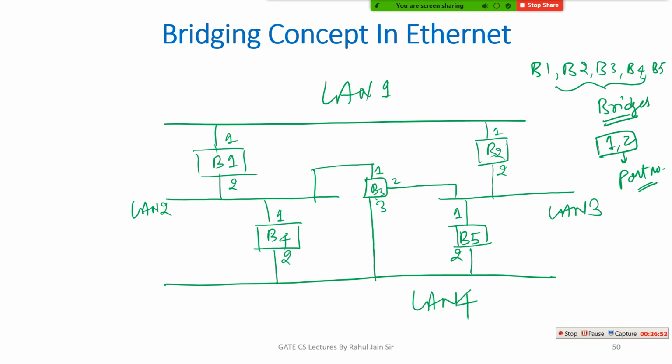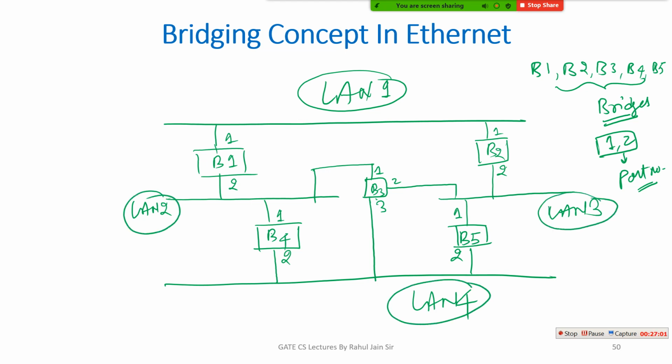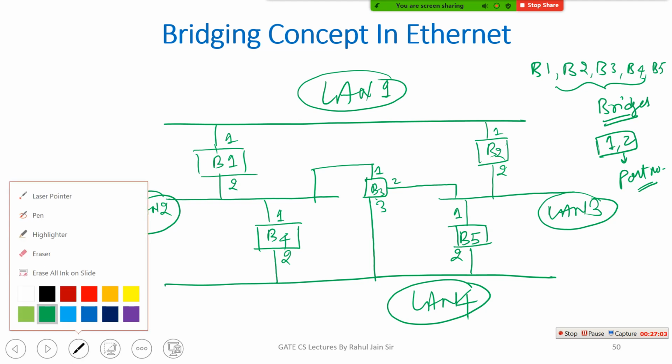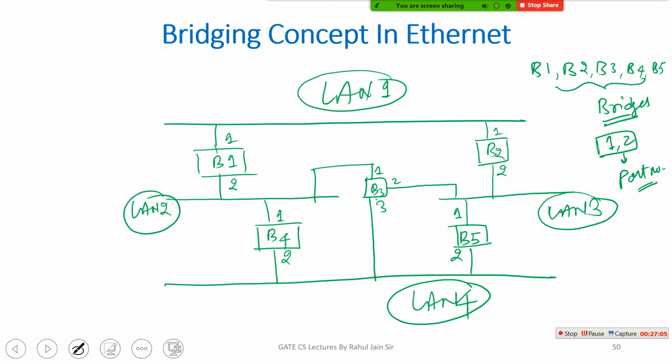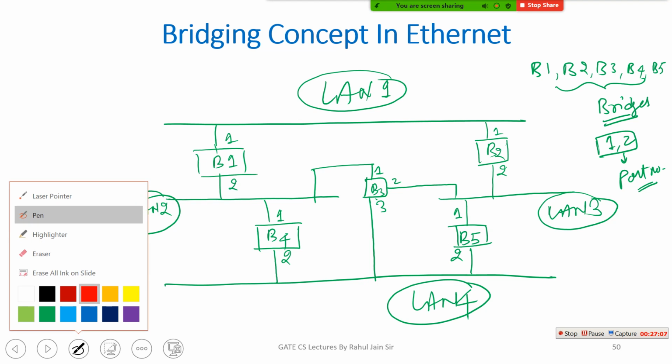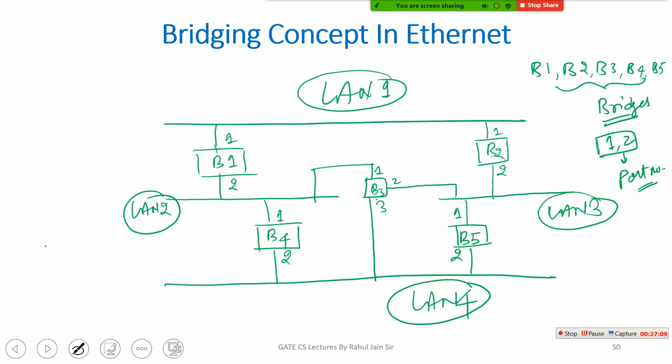And lane 1, lane 2, lane 3 and lane 4 are the lanes which are connected like this. So by example we are going to learn this. This is our example of the spanning tree algorithm in the bridging concept so that you can understand it better.